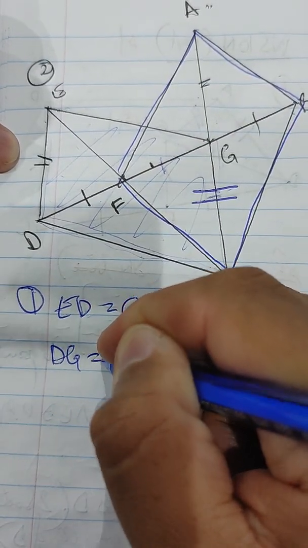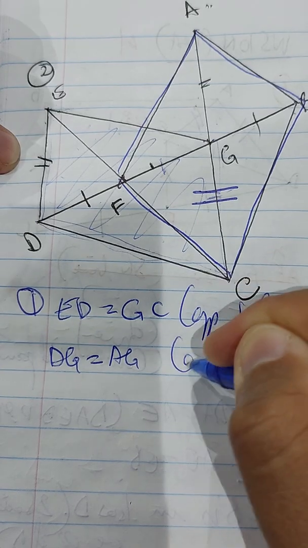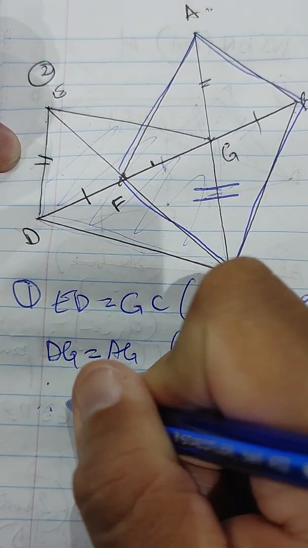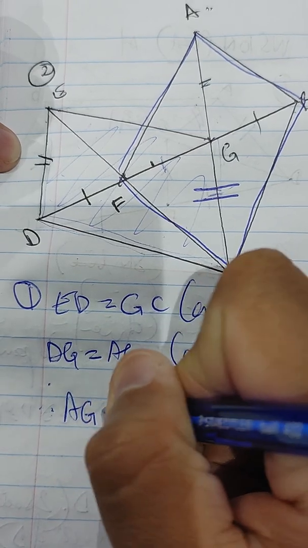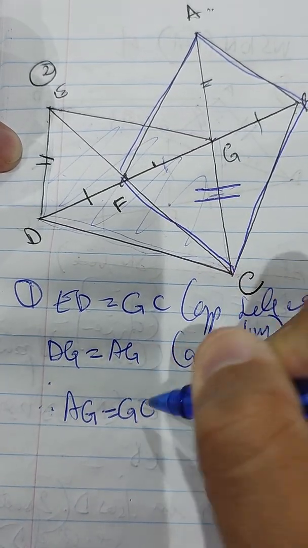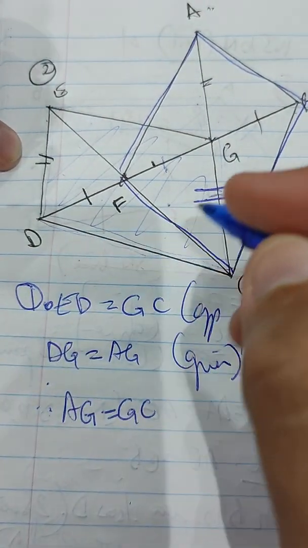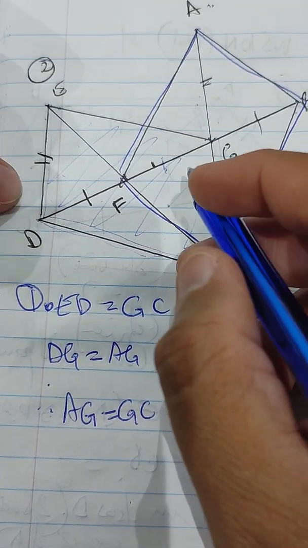DG is equal to AG. Where do you get that from? Given. So therefore AG is equal to GC. But that's not proven. That's the one diagonal being equal, right?